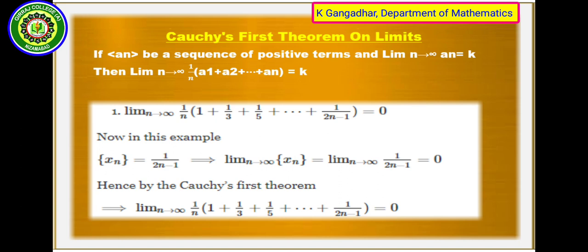What is an? An is 1 by 2n minus 1. We find its limit: limit n tends to infinity 1 by 2n minus 1 is 0. Therefore by Cauchy's first theorem on limits, the limit of 1 by n into 1 plus 1 by 3 plus so on plus 1 by 2n minus 1 equals 0.